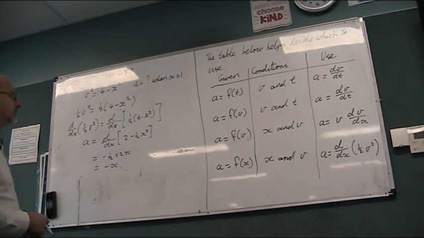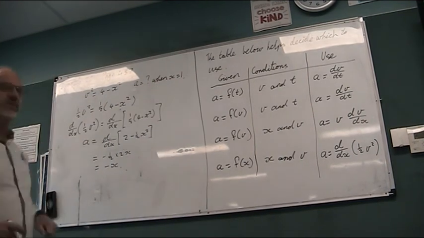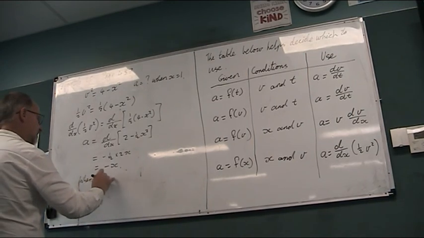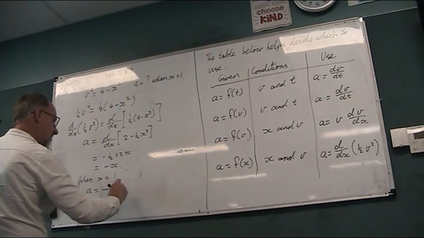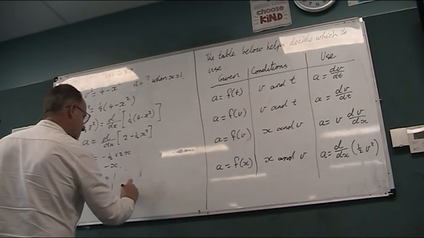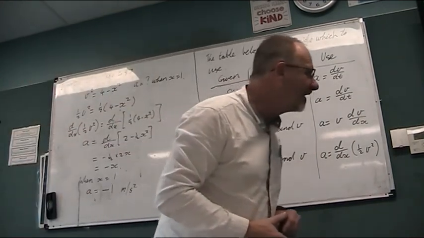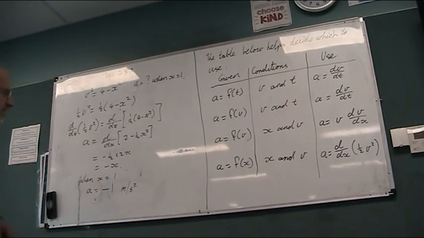And the question asks us to find the acceleration when x is equal to 1. So when x is equal to 1, the acceleration then would be negative 1. I think it's metres per second squared. Metres per second for velocity, so metres per second squared.